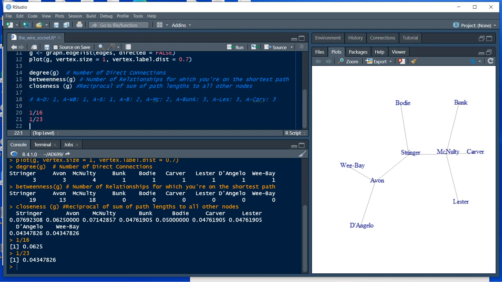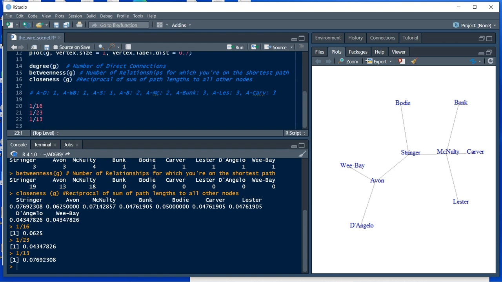We've got 2 to Weebay, 2 to D'Angelo. We've got 1 to Bodie, 1 to McNulty, 2 to Bunk, 2 to Lester, and 2 to Carver. So with Stringer, once we sum those up, we get 13. So we can see that is Stringer's closeness.